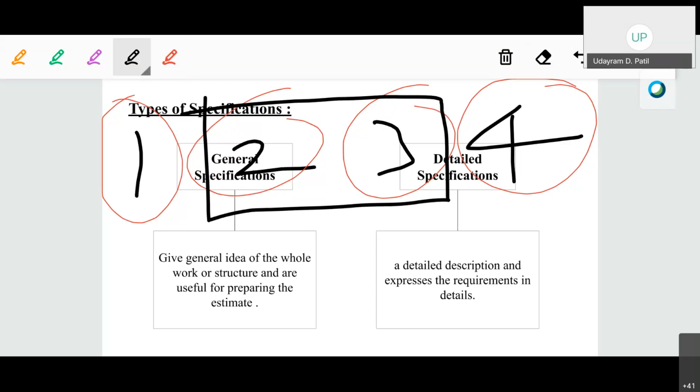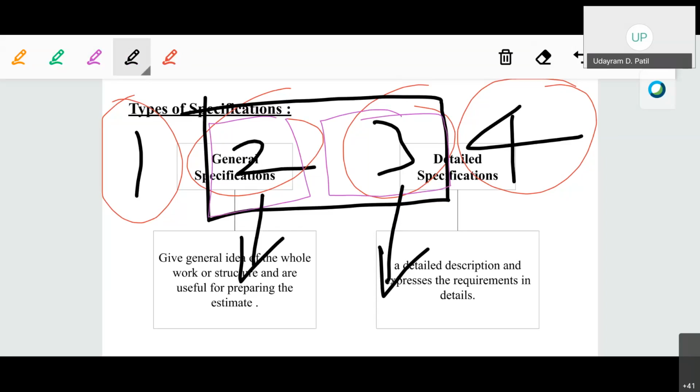Therefore, at the time of the estimate, the owner is not yet confirmed about the particular item of work which you are going to use. Therefore, we try to minimize the various options, so that whether you take 2 or finally take 3, still there will not be any difference between the rates of the item of work, or the estimate will not be affected to a large extent.